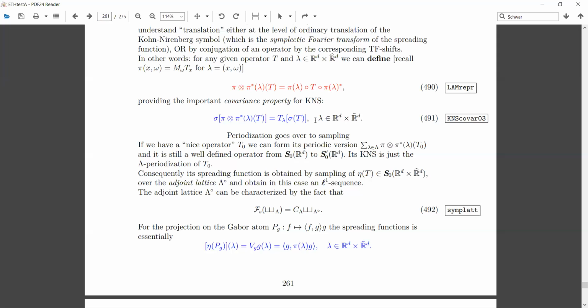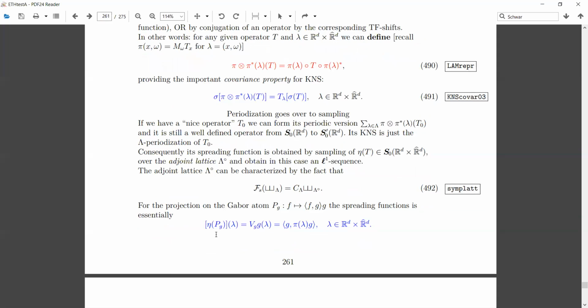Now, one more thing has to be mentioned, namely the eta of P_G, the symbol for our spreading function, is not a new object in a way, but just the autocorrelation of the window with itself. So it's the V_G G, the short-time Fourier transform, where the window and the signal are the same, as a function of the time frequency plane. Most of the time we would use decaying and smooth functions.